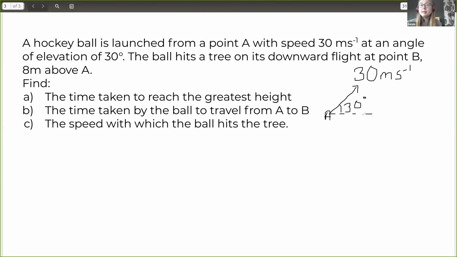And I instantly am going to resolve that 30 meters per second into horizontal and vertical components. And I can do that using trigonometry. So the horizontal component will be 30 cos 30, and the vertical component will be 30 sine 30.